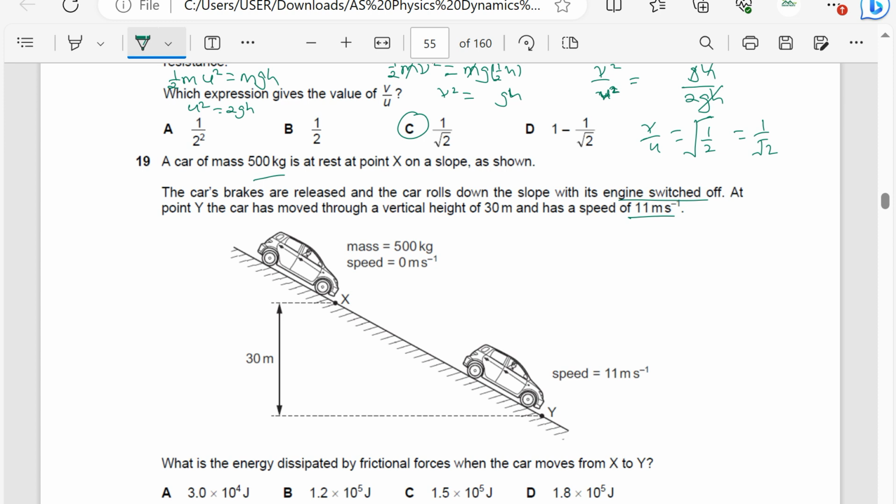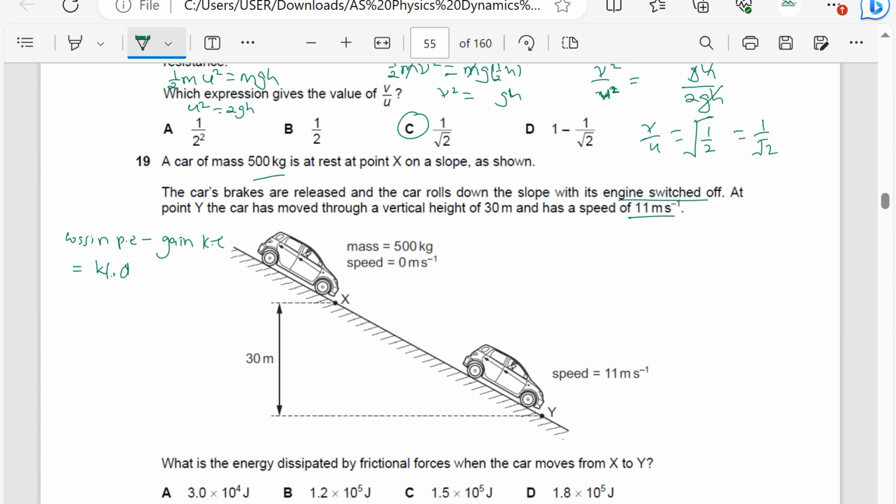So the loss in potential energy minus the gain in kinetic energy should be equal to the work done against friction, which I'm just going to call WD.